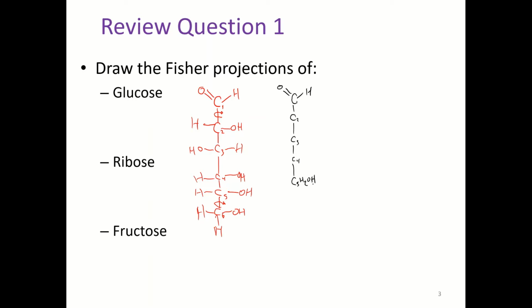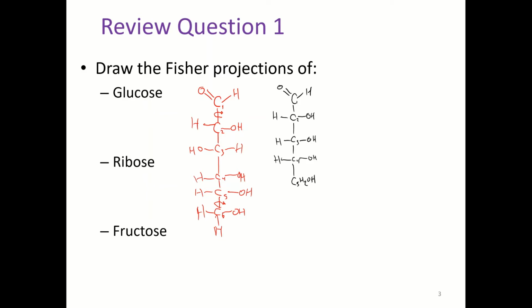It's not going to be a stereo center. Then you have to remember the pattern for ribose, and ribose is actually a very easy one. So the D version of ribose, all the OH groups are on the right side. So we can draw these all on the right side and put hydrogens on the left side. And that would be ribose.